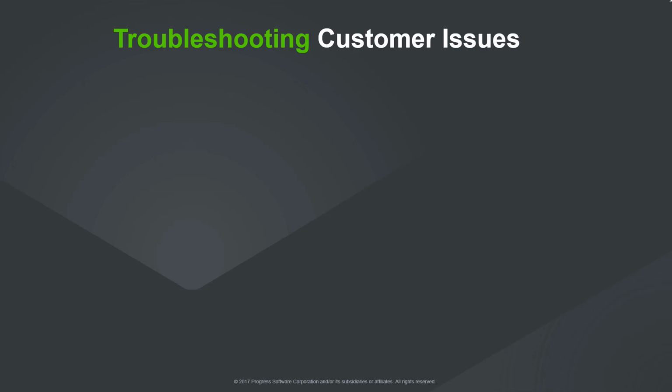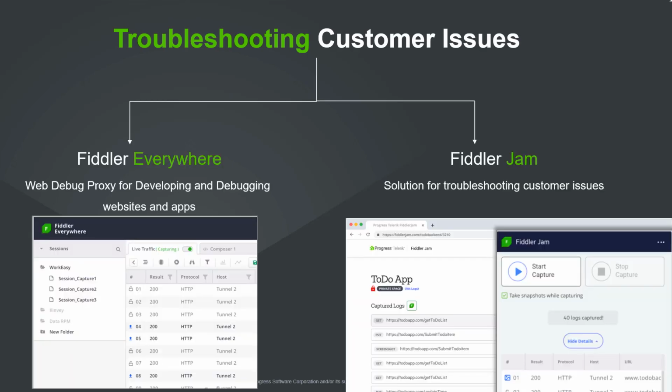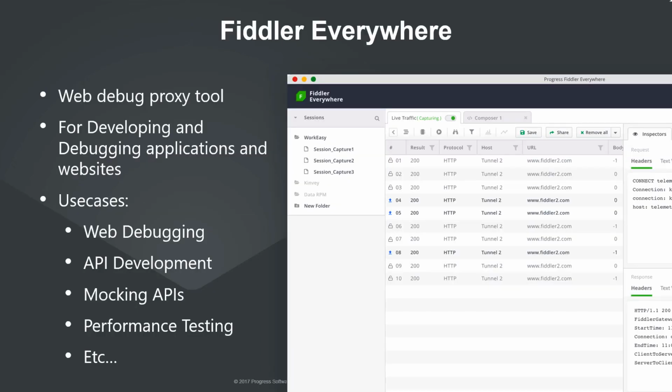In the suite of products, Fiddler Jam and Fiddler Everywhere are specifically used for troubleshooting customer issues. And I will walk you in detail on how you can leverage them to streamline your support workflow and processes. So first, let's have a look at Fiddler Everywhere. Fiddler Everywhere is a web debug proxy tool that is used for development and debugging of applications and websites.